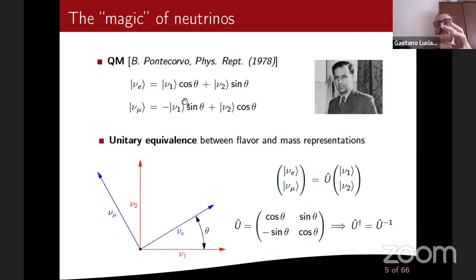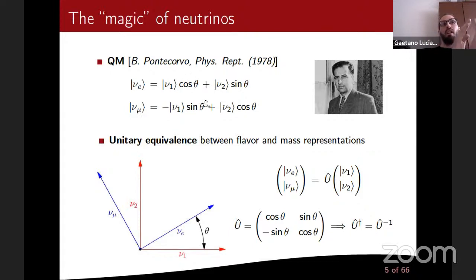To describe this change of flavor during the space-time propagation, Pontecorvo assumed that the eigenstates of the Hamiltonian, which are these ν1 and ν2, do not coincide with the eigenstates of the flavor operator, which are these νe and νμ, but they are rotated according to this very simple transformation where theta is the mixing angle.